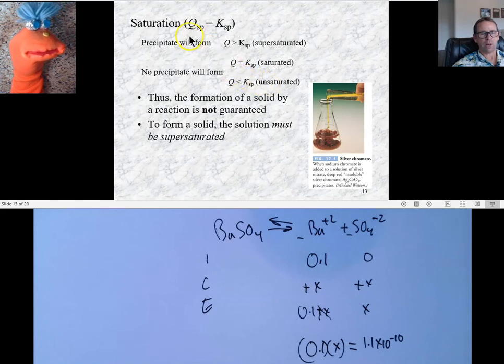Now we can talk about quotients and how they relate to the equilibrium. When things are saturated, the quotient will equal equilibrium. But if you do not have saturation, in other words, if Q does not equal K, then you will not have insoluble material in solution.